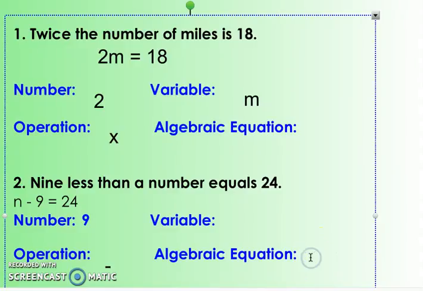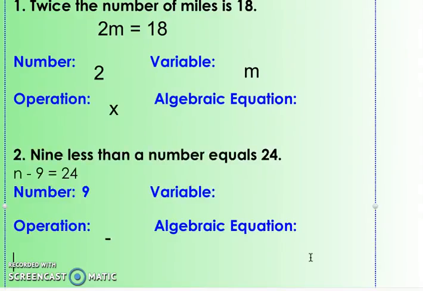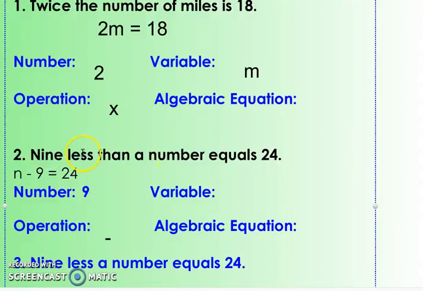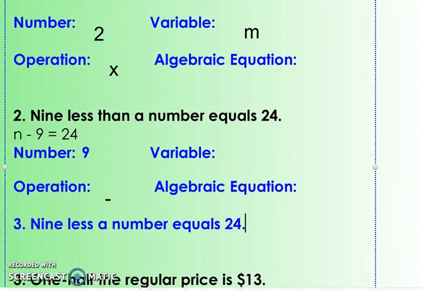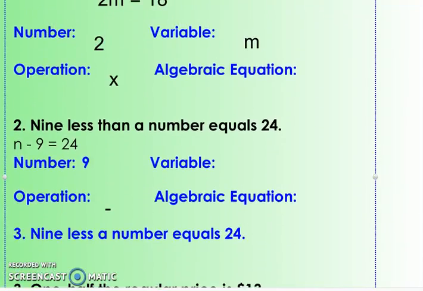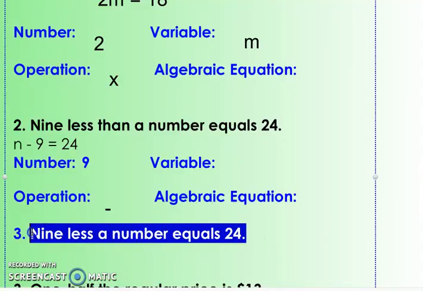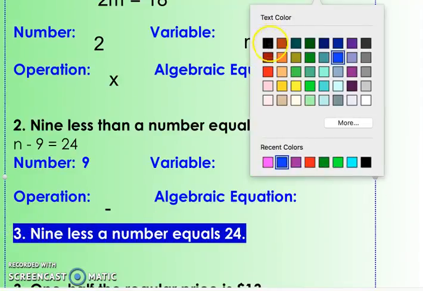Now here's my question for you. I'm going to actually add a problem. If I say 9 less a number equals 24, do you think that it would be different than 9 less than a number equals 24? It actually is different.